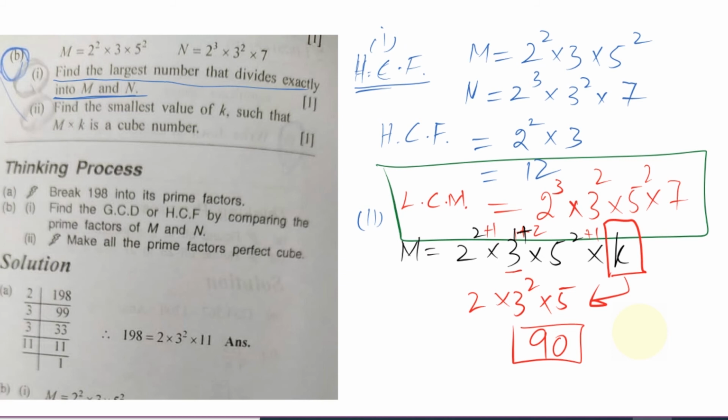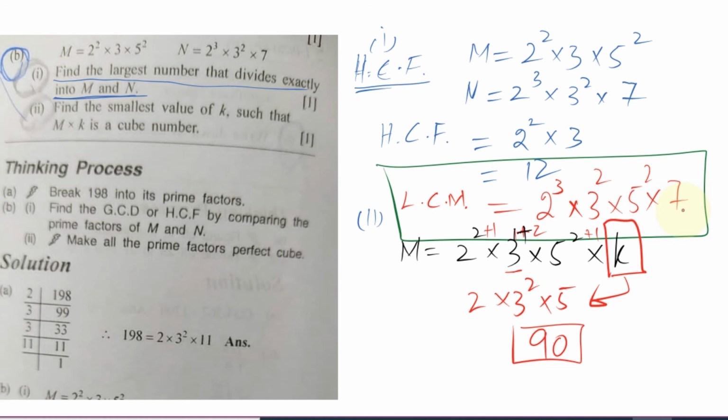But if a number is not common, then we take that number as it is, even if it is present in only one of them. You see here, we have taken 7, which is only in n, and we have taken 5 square, which is only in m. So the numbers which are not common are taken as they are.